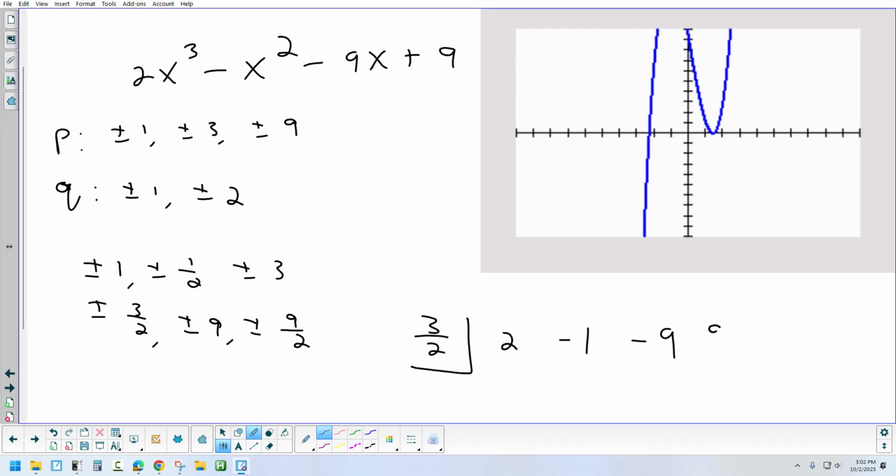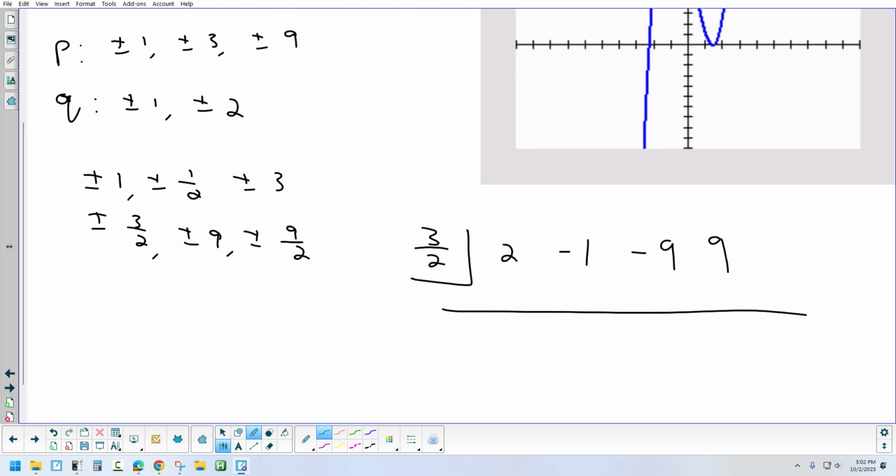Let's do our synthetic division. Bring down the 2. 3/2 times 2 gives me 3. Negative 1 plus 3 gives me 2. Same number again.